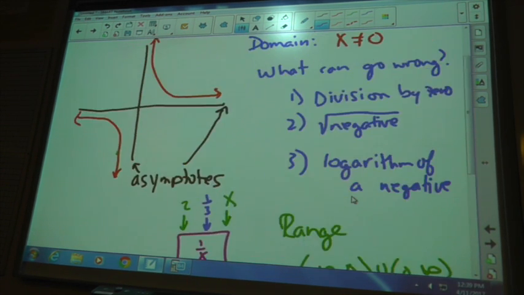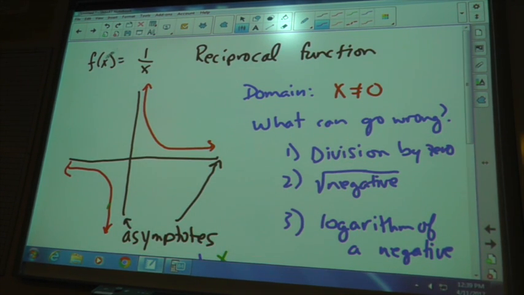What does it do to this original function right here? It's like me putting a 2 right up here. If you think about it, this is like 2f of x, which would be 2 over x, right? And what does the 2 out in front do?